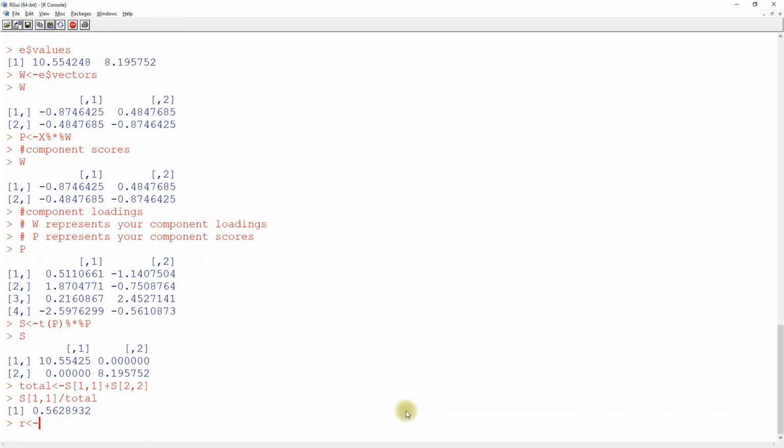But there is another function that we can also apply, which is the princomp function. So we have also the princomp function that you can use to apply PCA.